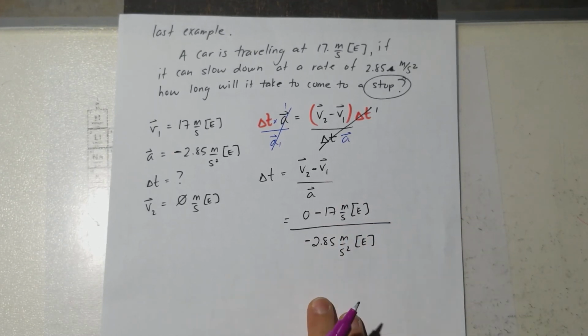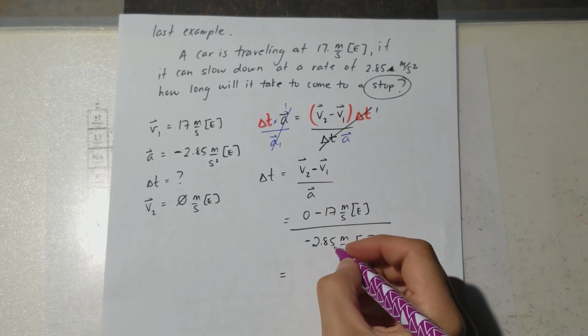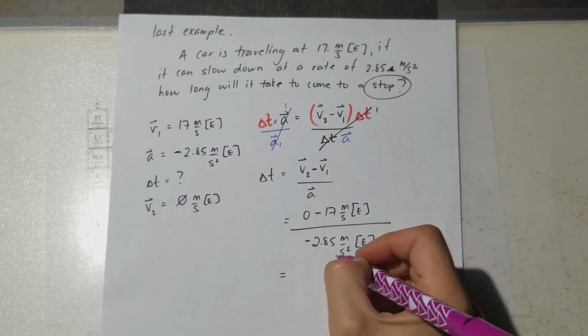All right, and then you're going to take this and put it into your calculator. Okay, so if you put this in your calculator, you get 5.96.